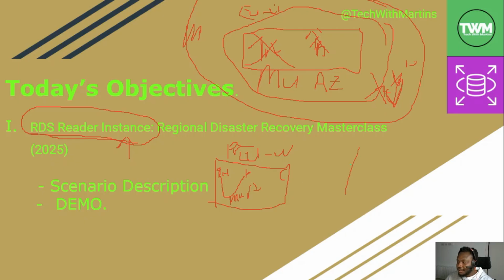Then in another entire region, we configure a read replica that will be on standby, replicating data from this primary instance. In case this entire region fails, you will go to this other region, maybe US, and promote it. Let me show you an architectural description of what I'm talking about.